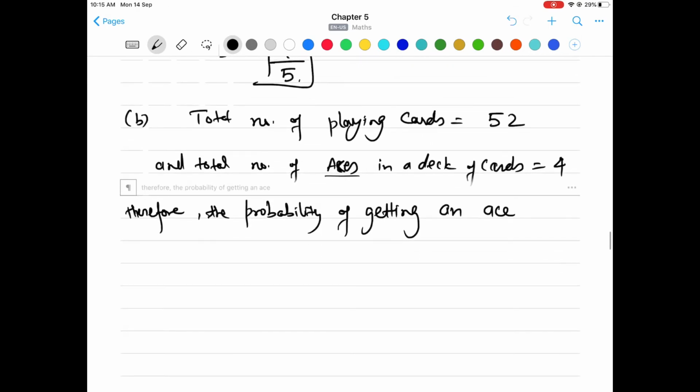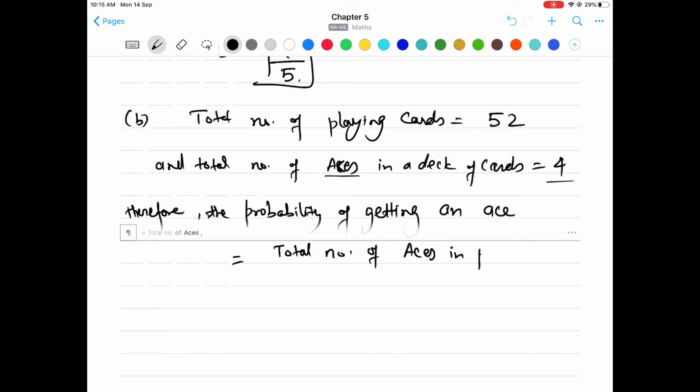So for that we have written the number of cards, which is 52, and the total number of aces is 4. Now the probability of getting an ace is given by the total number of aces in playing cards and the total number of cards.